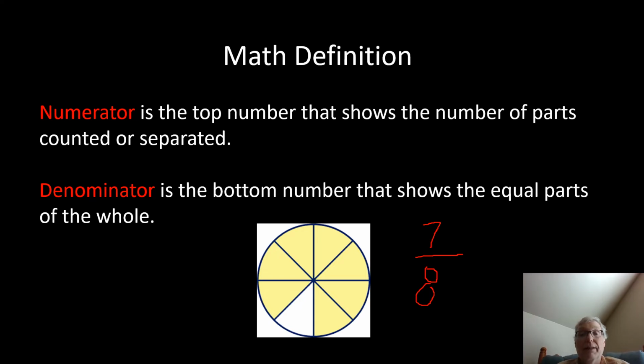My denominator is still 8 because there are 8 equal parts. There is one white pie shape, so that's my numerator. It's 1/8. 1/8 are white pie shapes, and 7/8 are yellow pie shapes. So again, you need to understand what a denominator and numerator is in a fraction.